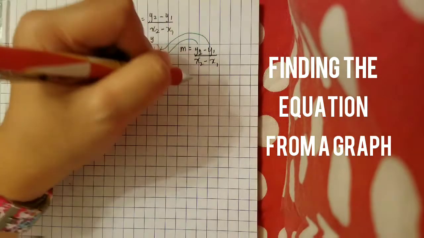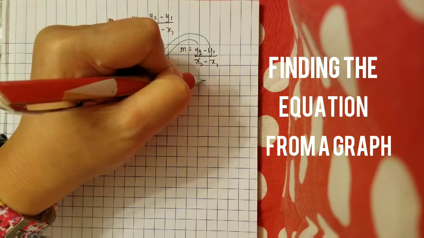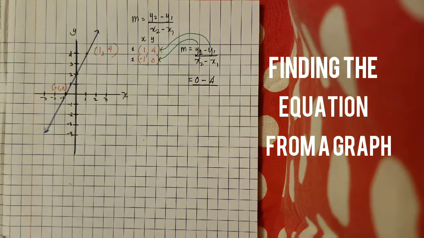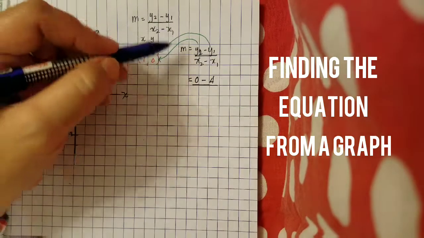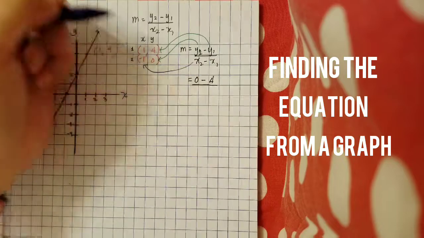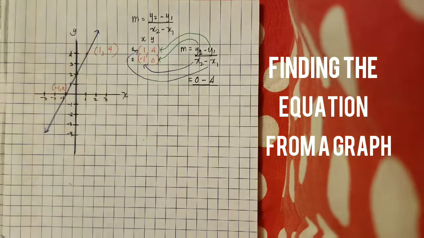So that would be y2 is 0 minus 4 over, okay, x2, and what would x2 be? x2 would be this one, and x1 would be this one, okay?